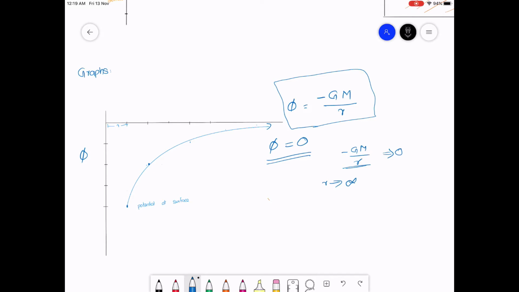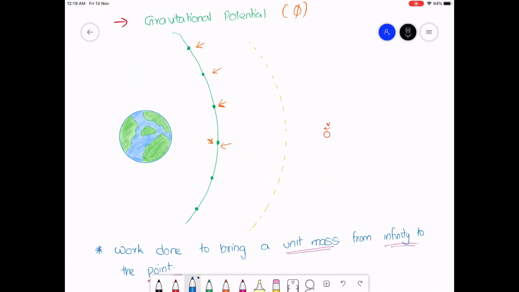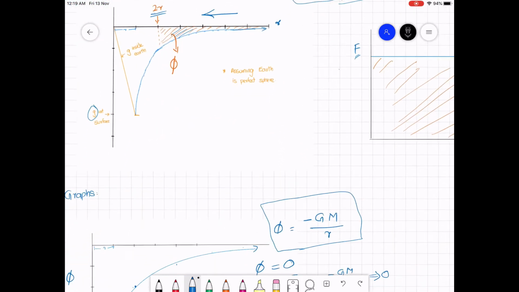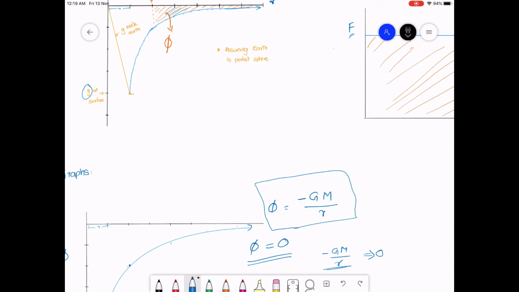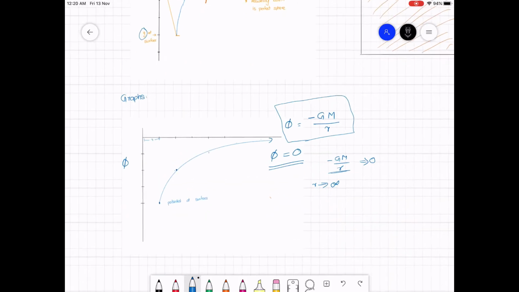So we can say that potential at infinity is 0. Now, I've mentioned that all of these points have the same potential. It's because you can see from the formula itself, it's only dependent on the distance from the center, not on how much you move sideways. From infinity till that point, what is the distance that you have traveled?